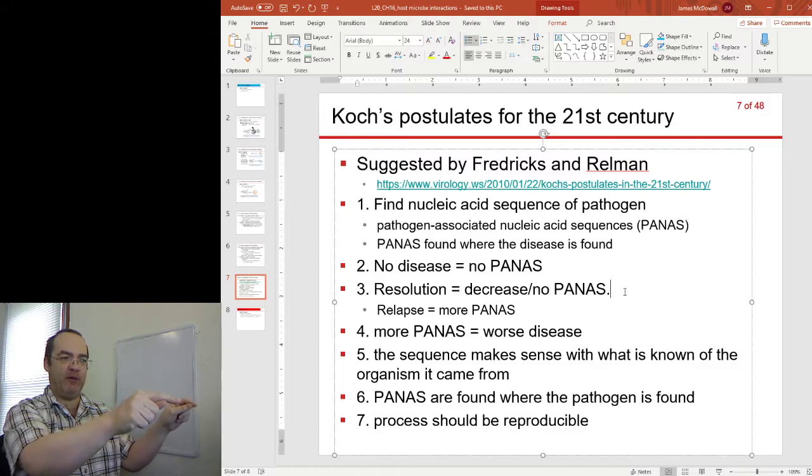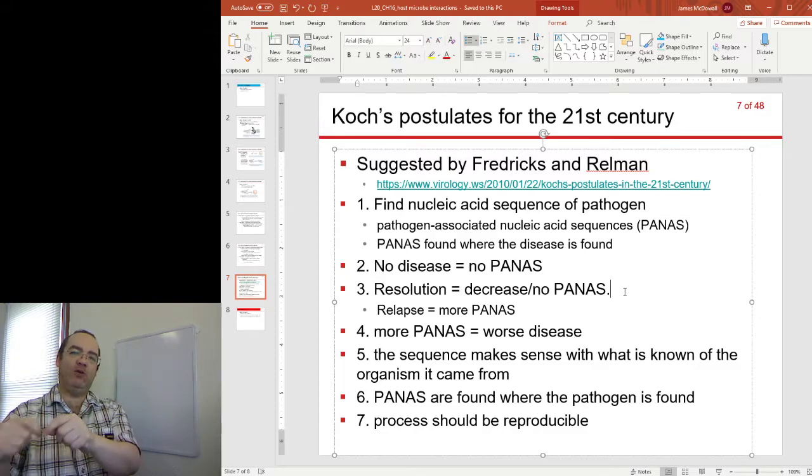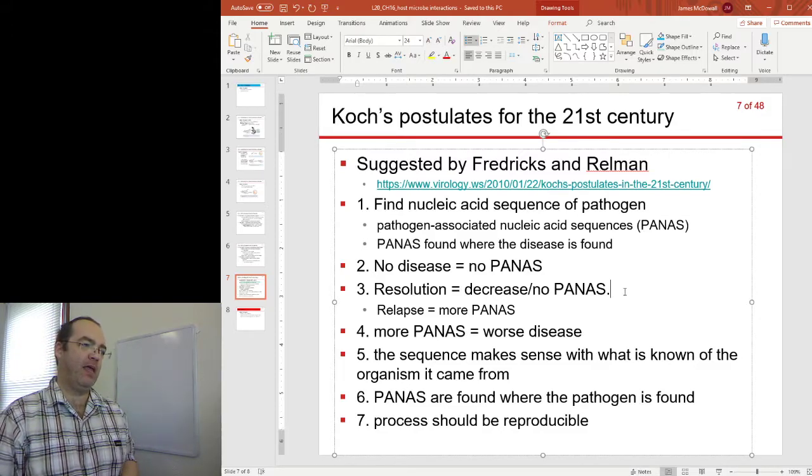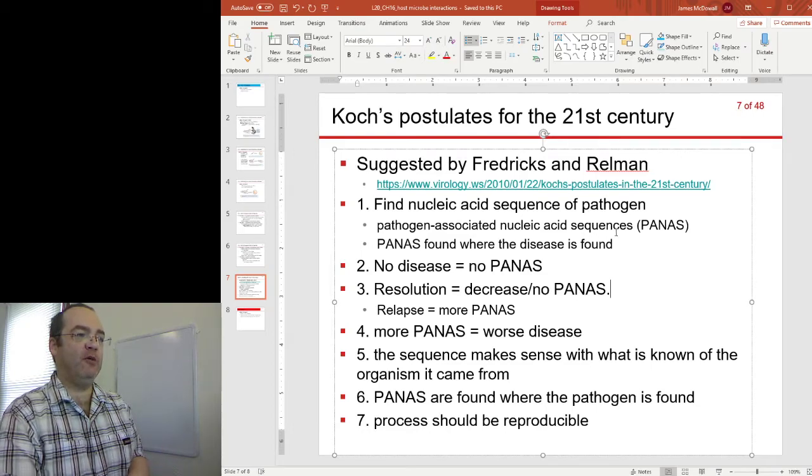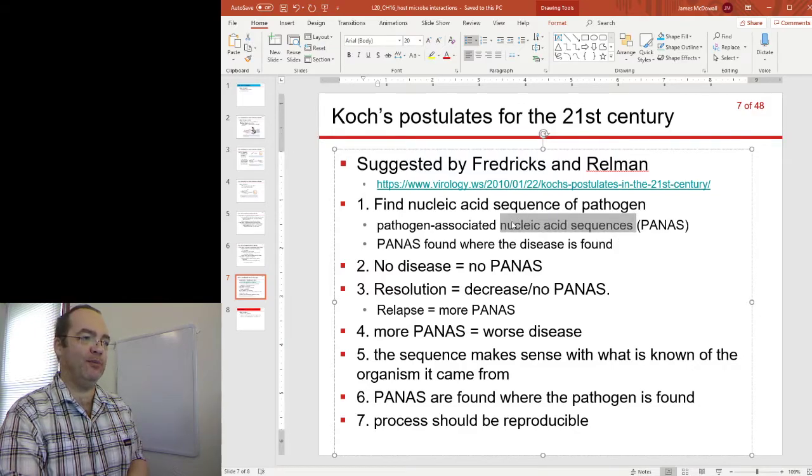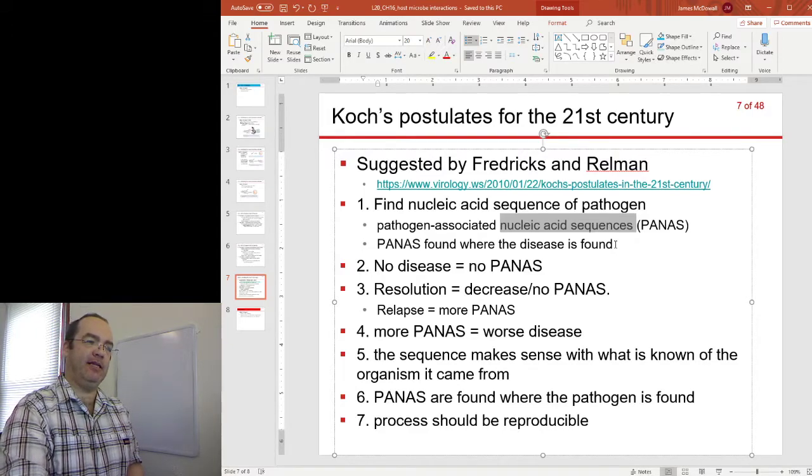You just swab the people, you get the sequence, and that'll tell you. So, being able to read nucleic acid sequences is really one of the most important discoveries in science in the last few decades.